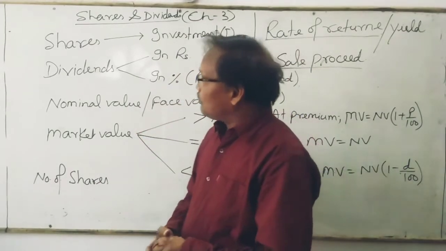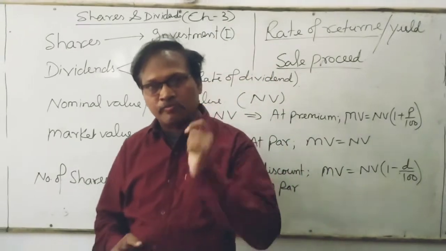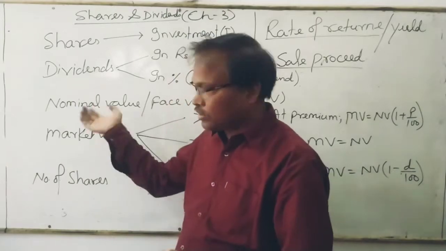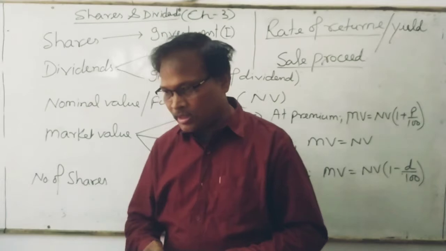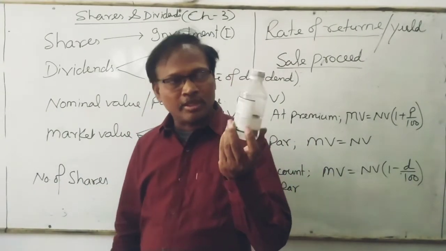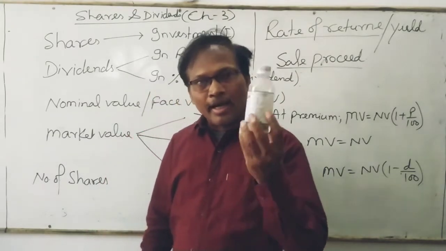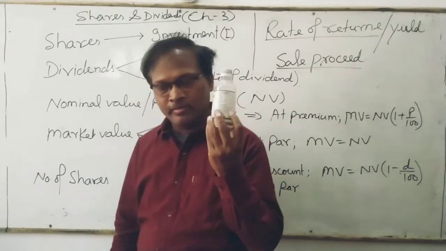But when you go to the market, suppose you have ₹1,000 and you go to the market and purchase one product, suppose a glycerin bottle or hand sanitizer bottle, anything, and the cost of this sanitizer is rupees 50.